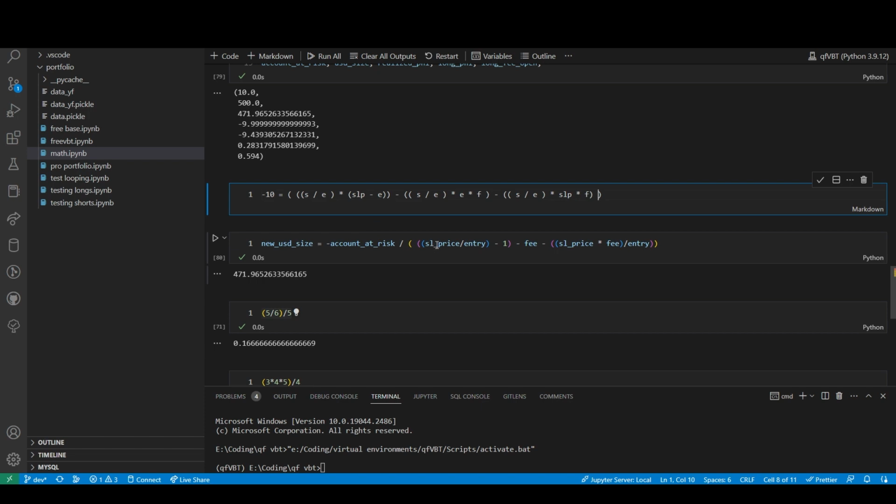That's where you get stop loss price over E minus 1. Then the S is dropped because we divided it out, and the E's drop because this is just S times E times F over E. So the S is gone and the E is gone because those cancel. So this is just minus F.